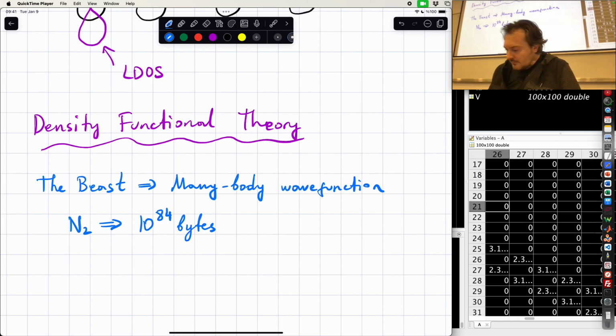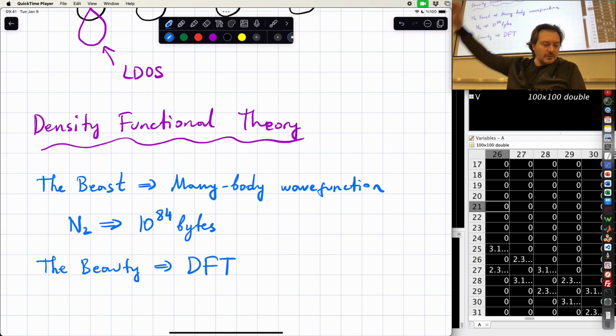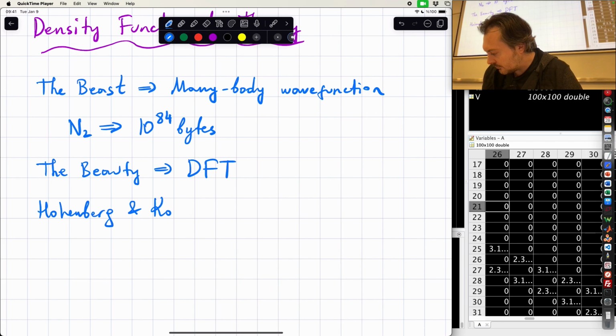Now, the beauty is DFT, density functional theory, because there is a theorem by Hohenberg and Kohn, 1964.